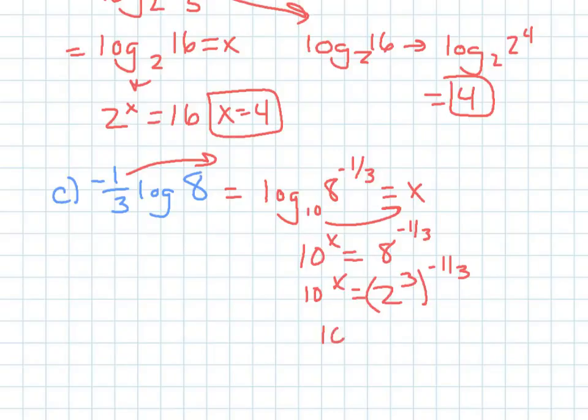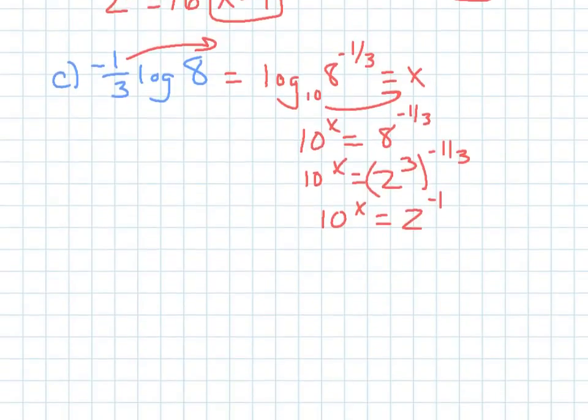So 3 times negative 1/3 is actually 2 to the negative 1st. So now really I've got 10 to the x equals 1/2. So here, this one's quite a bit harder. You got to figure out 10 to what exponent gives you 1/2.